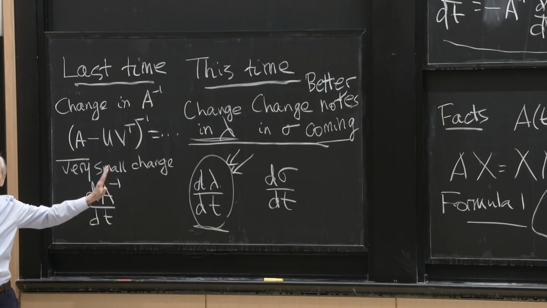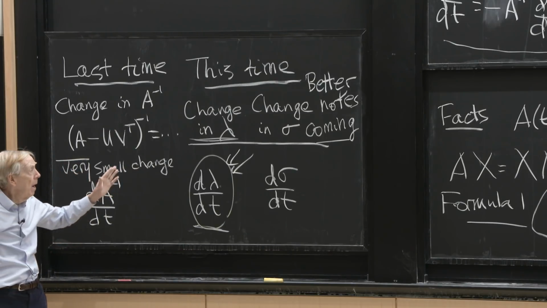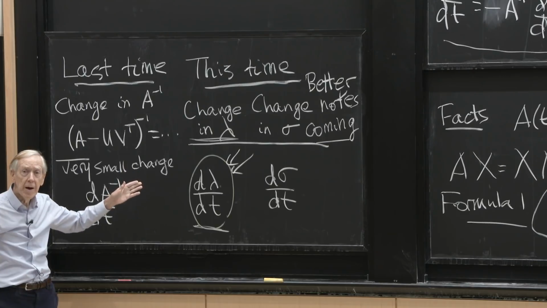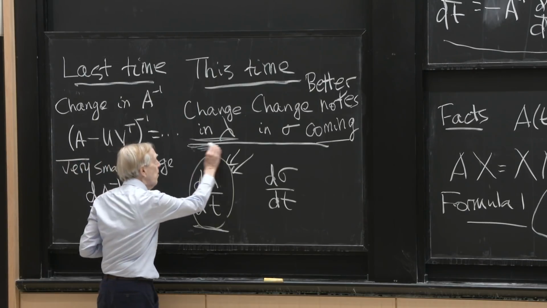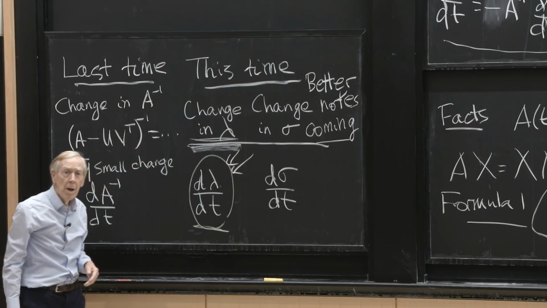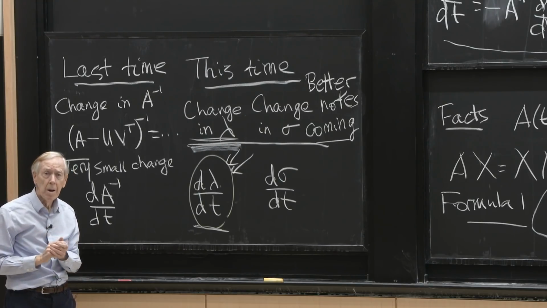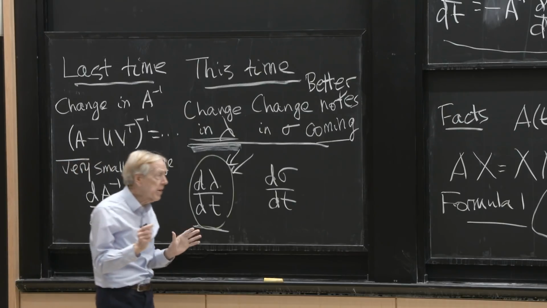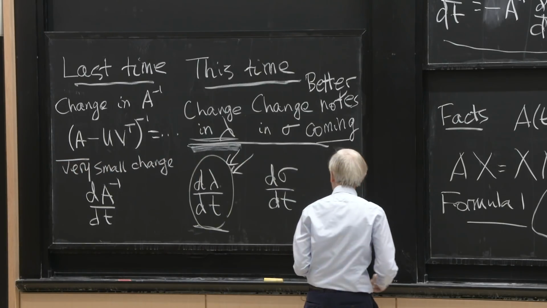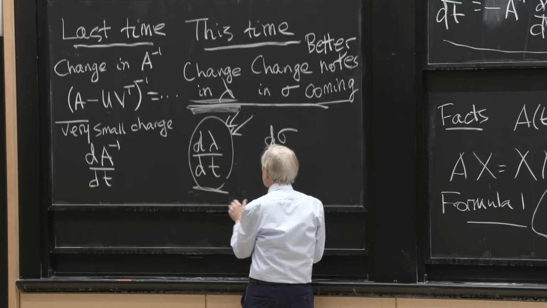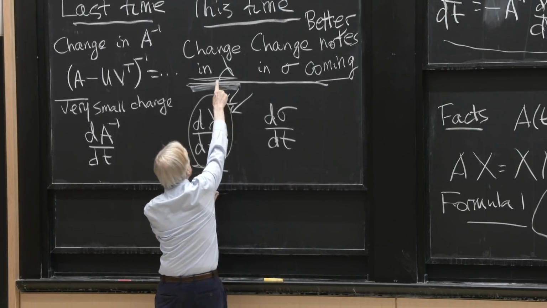Now say, what can we say about the change in the eigenvalue? And I'll just stay, first of all, with eigenvalues, when the change is rank 1. This is a perfect example.